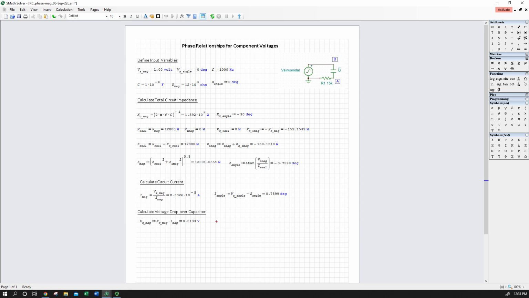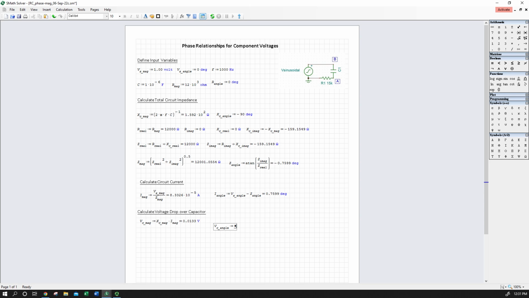Now I'm going to look at the angle of that voltage drop. Of course, everything has a magnitude and an angle, so V sub C angle. I like to use some consistent notation so I don't confuse myself. And so remember, this time, since I'm working with angles, I add. I multiplied the magnitudes, I add the angles.